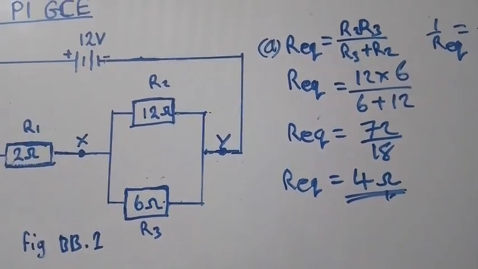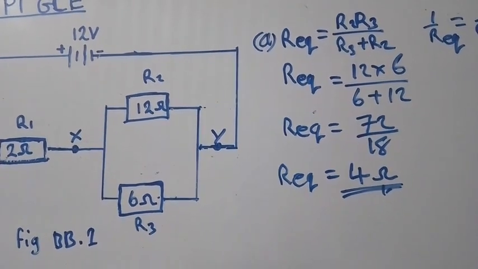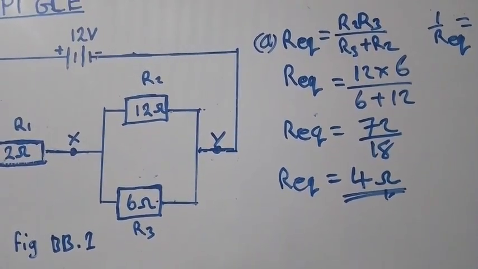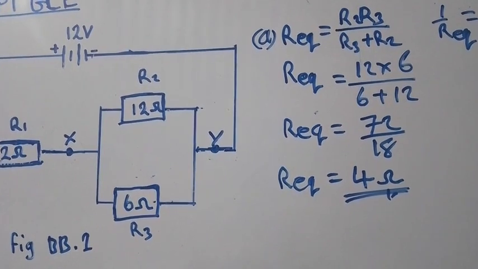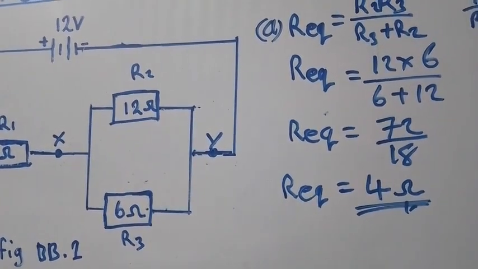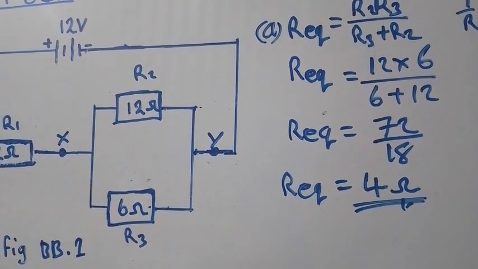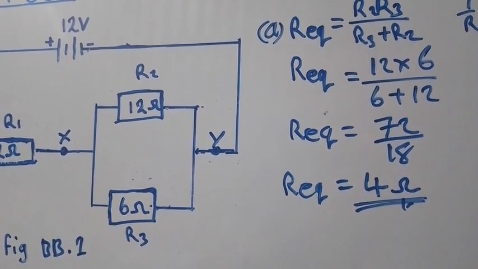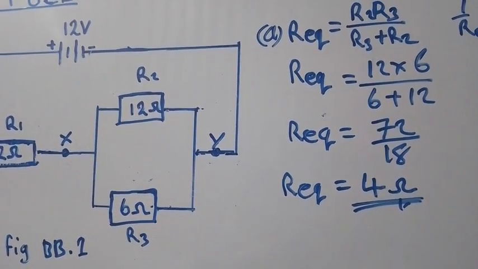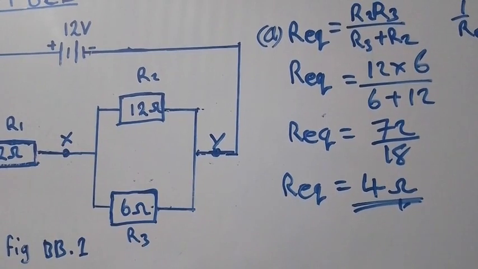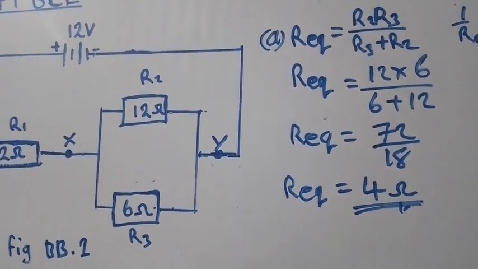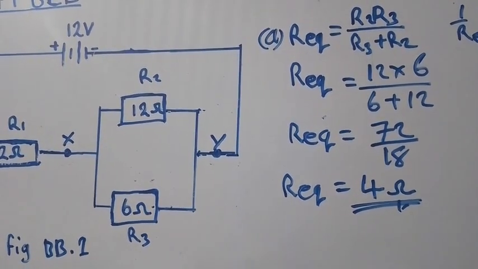We go to part B. The current flowing in the battery.